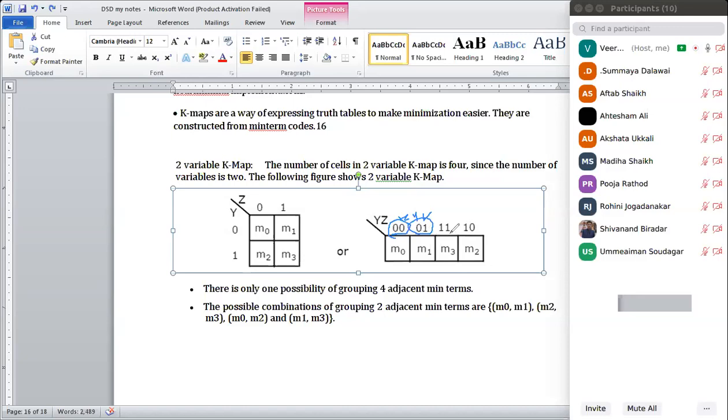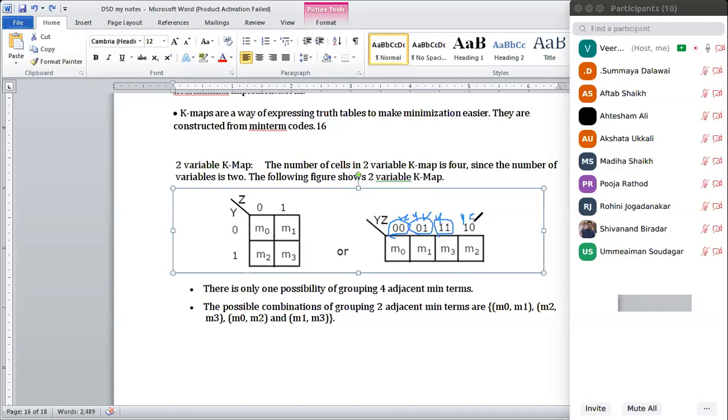Now in the next term, only y is transiting from 0 to 1, and z is remaining as it is, 1 only. And in the next, y is remaining as it is, only z is transiting.